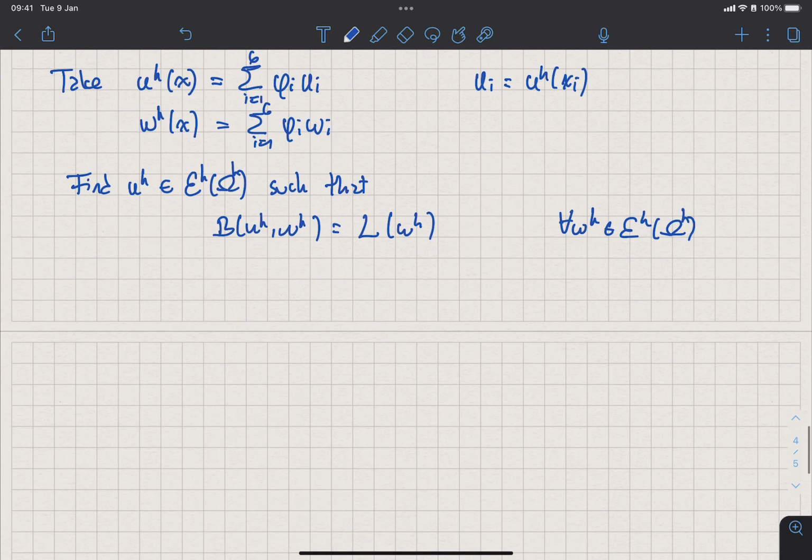Okay, but then let's replace what those are, and then of course we have the sum over j to 6 of v_j, u_j.